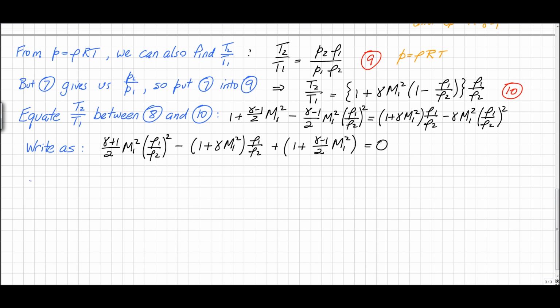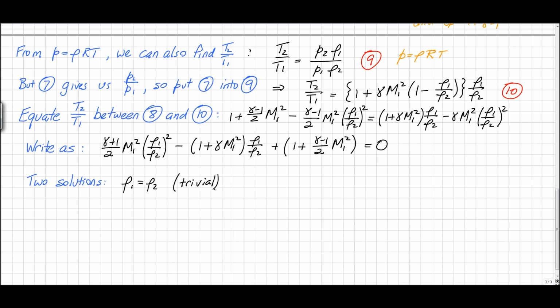For a quadratic equation, we'd expect two solutions. The first solution that we get out of this is that rho 1 is equal to rho 2. So no change in the density across this shock wave, so basically nothing happening. This is a trivial solution.